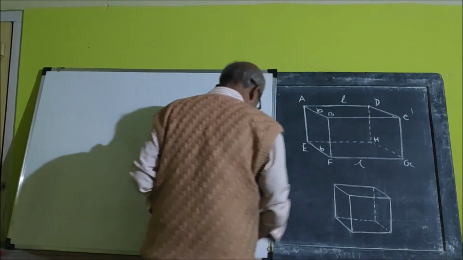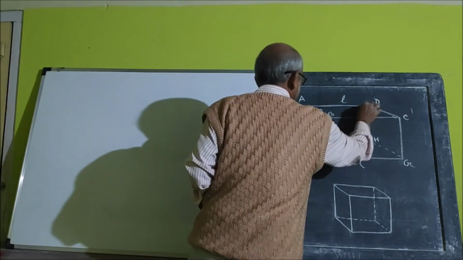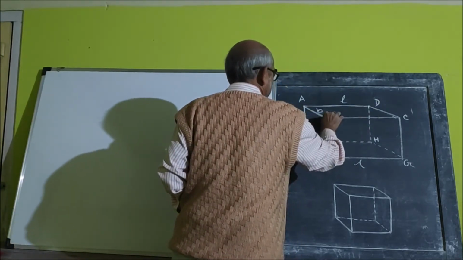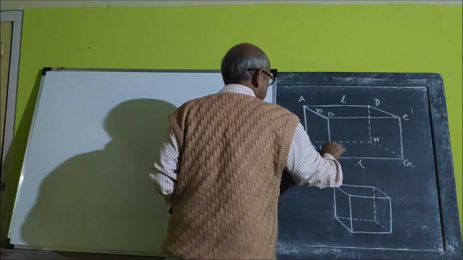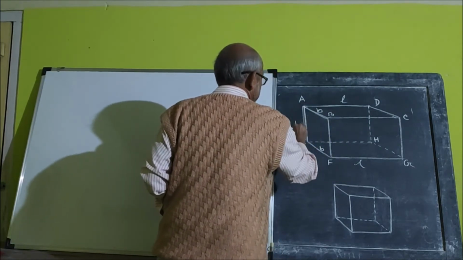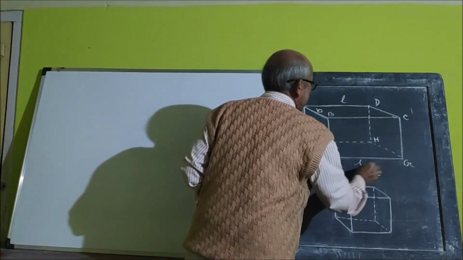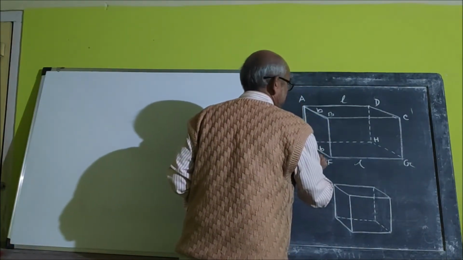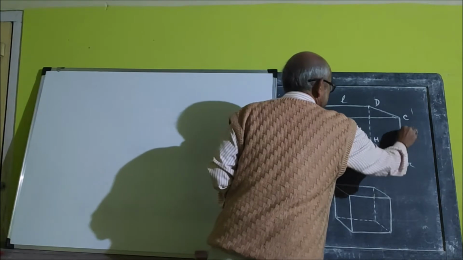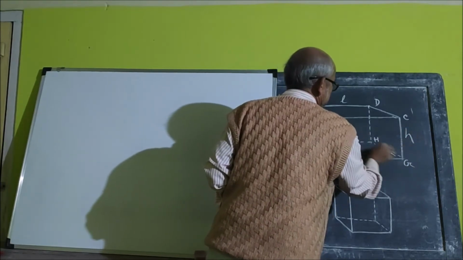Here, this is length and that is breadth. For this one, it is height and breadth. For this one, it is length and breadth. For this, it is height and breadth.